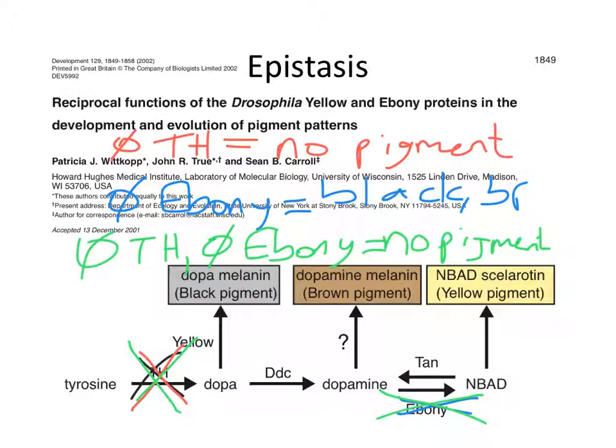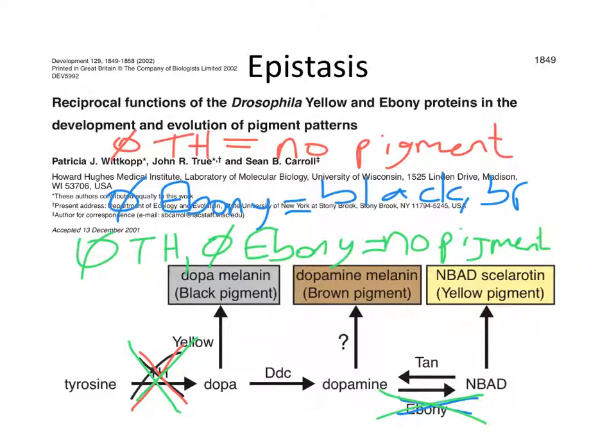That is, if it's the first, or if it's an earlier gene in the pathway, its effect by itself will be the same as the effect of it plus any downstream mutations. Because if you get rid of this, you could do anything else. You could knock out all of those genes. That wouldn't change the phenotype, the outcome, because you've gotten rid of the upstream-most protein.